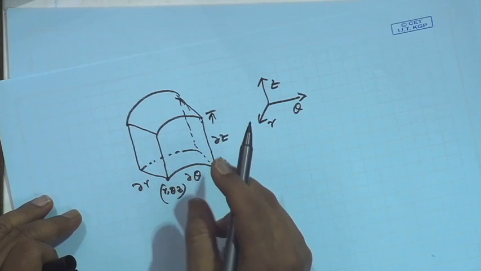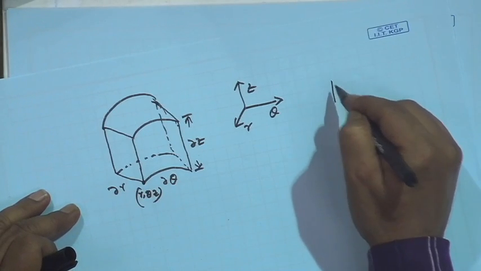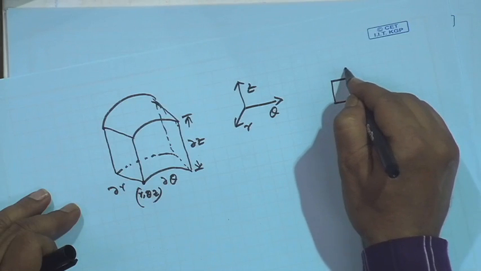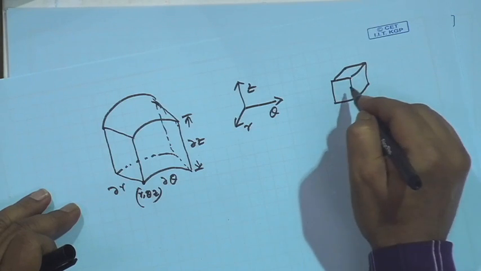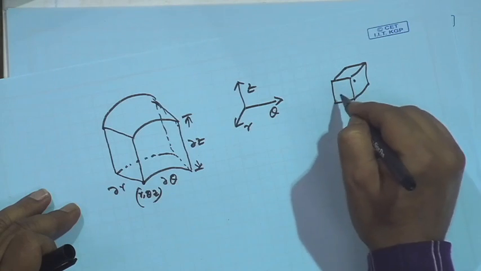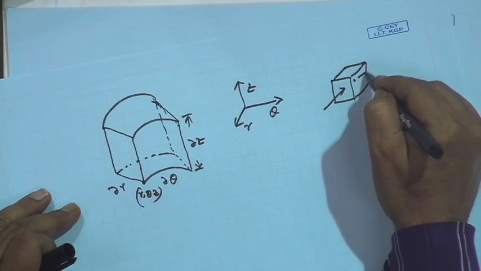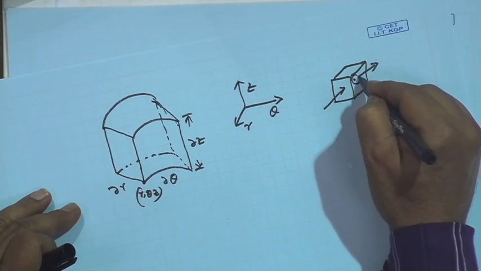In the previous one, let me just recapitulate, we were taking a volume element at the center. We said if this is going like this and that is going like that, how much mass is coming here?